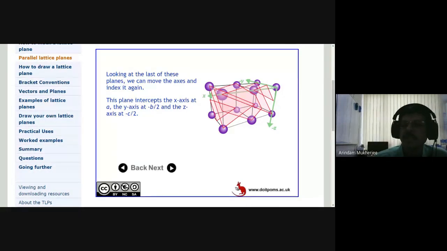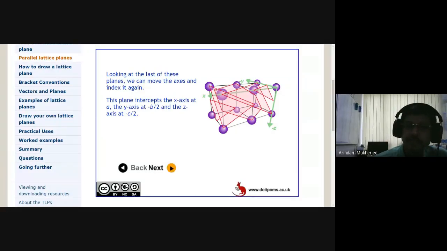Okay. Then the y is at minus half, that means minus b by 2, and then the z is again minus half, so that means minus c by 2. So I have 1 minus half minus half, correct?